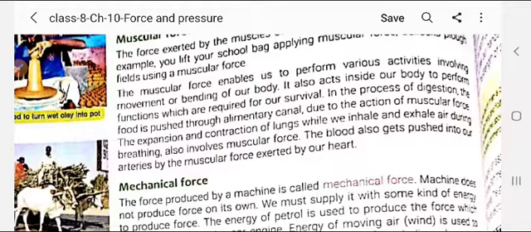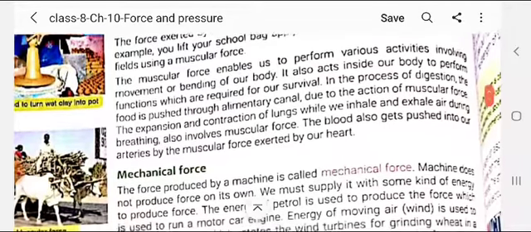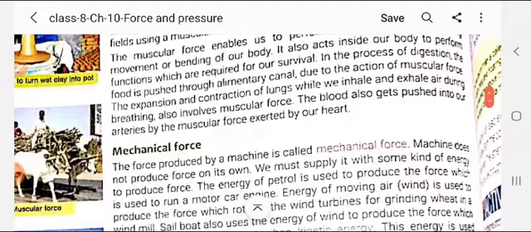Okay, so same way the food that we eat goes through our alimentary canal. When the alimentary canal contracts and expands, they create a force on the food so that the food can move downward to the stomach.